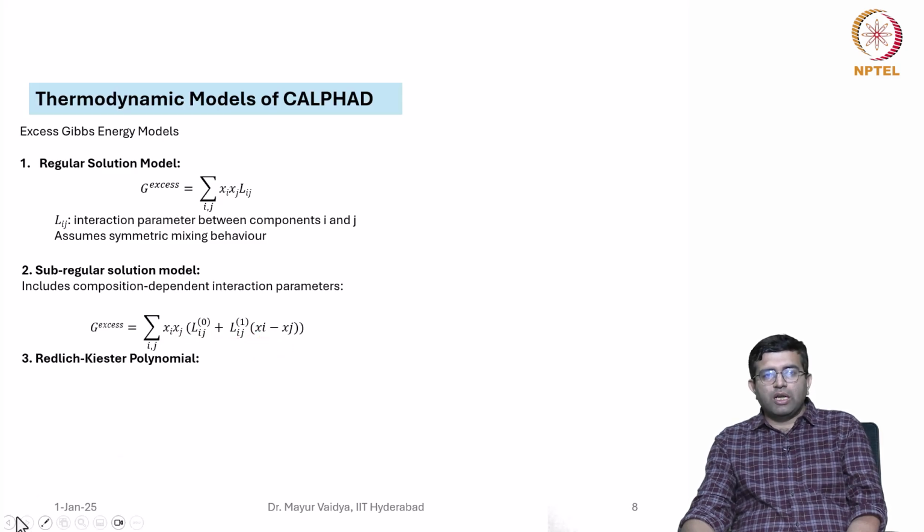Then you have the Redlich-Kister polynomial, which is widely used for asymmetric mixing, where Gxs is given by summation xi xj multiplied by summation lij xi minus xj to the power k.